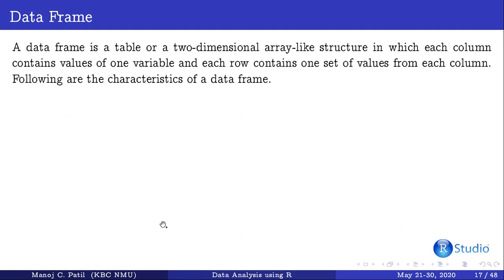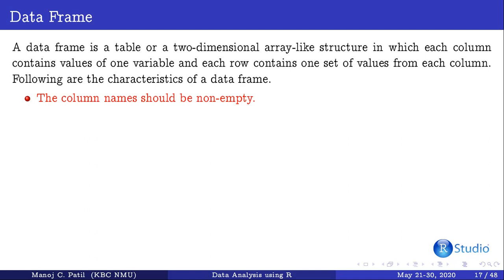A data frame is actually a table or a two-dimensional array-like structure in which each column contains the values of one variable. For example, one column contains marks, one column contains names, one column contains grades, likewise, and each row contains one set of values. Each row represents one student. Following are the characteristics of a data frame. The column names should be non-empty, so all columns should be named.